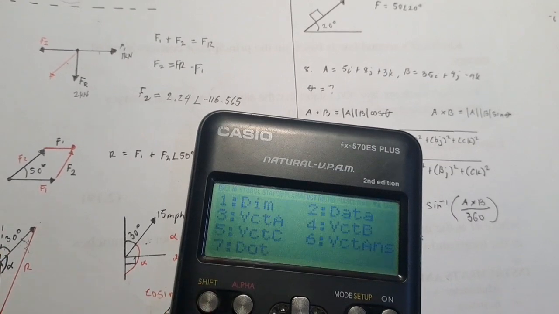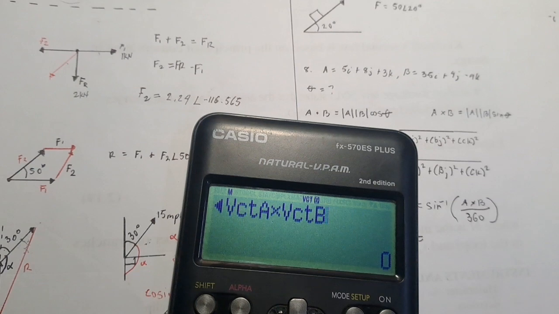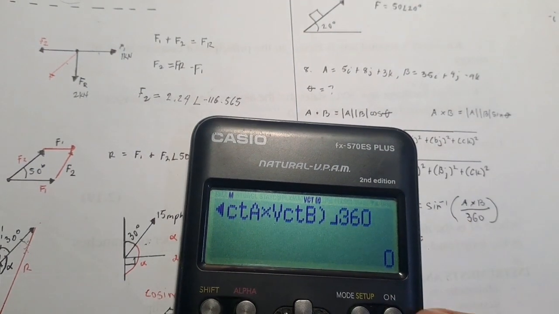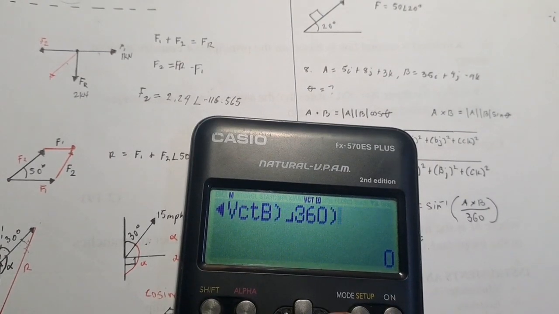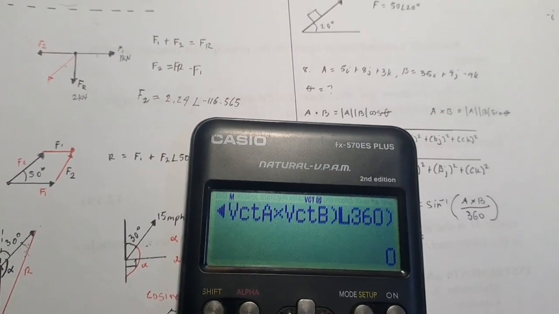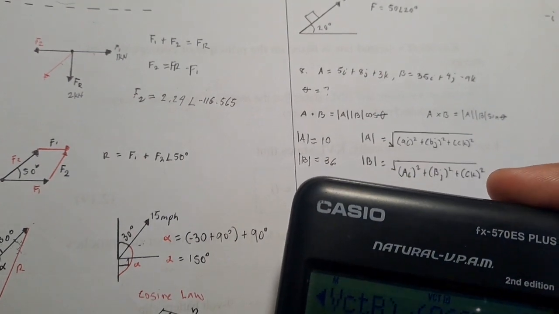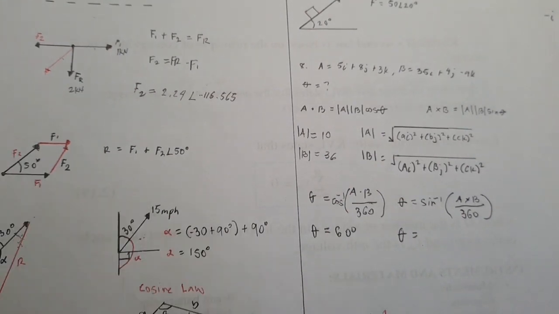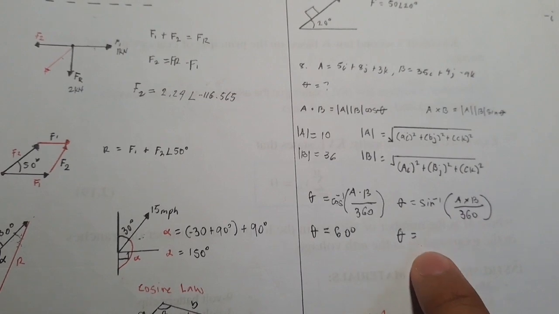So shift ko vector times shift vector b cross product divided by 360. Let's see. May namali ako. Oh, nag-math error siya. So, in theory, same lang ang magiging labas na output dito.